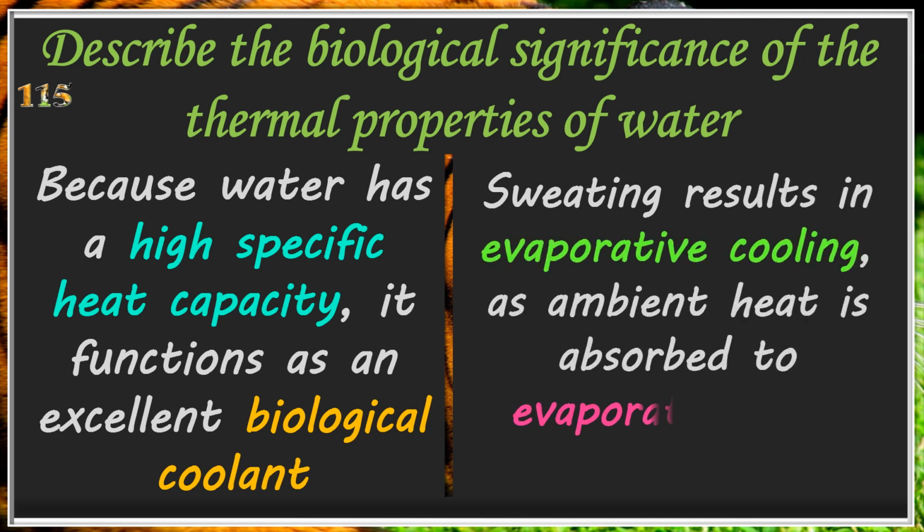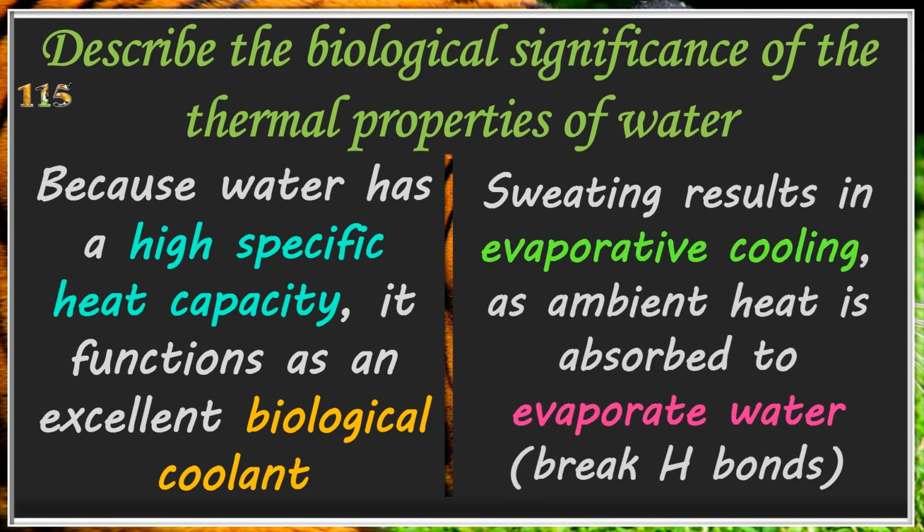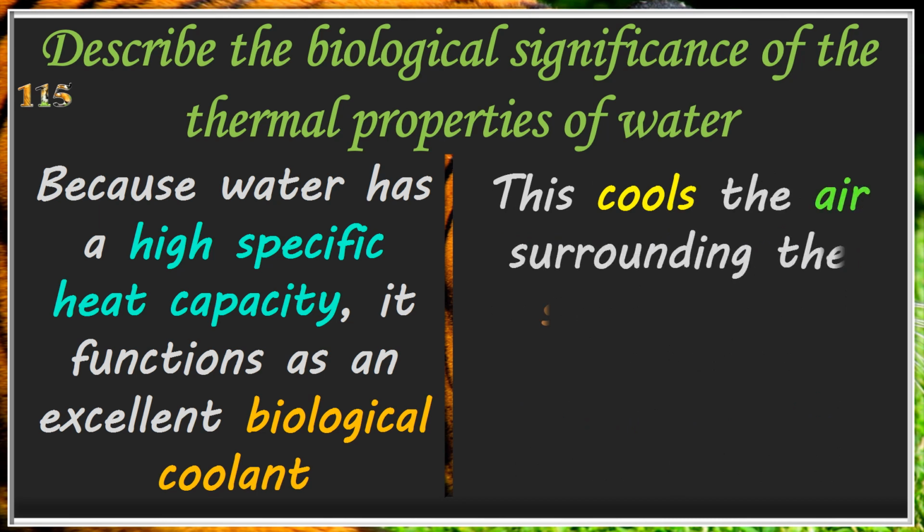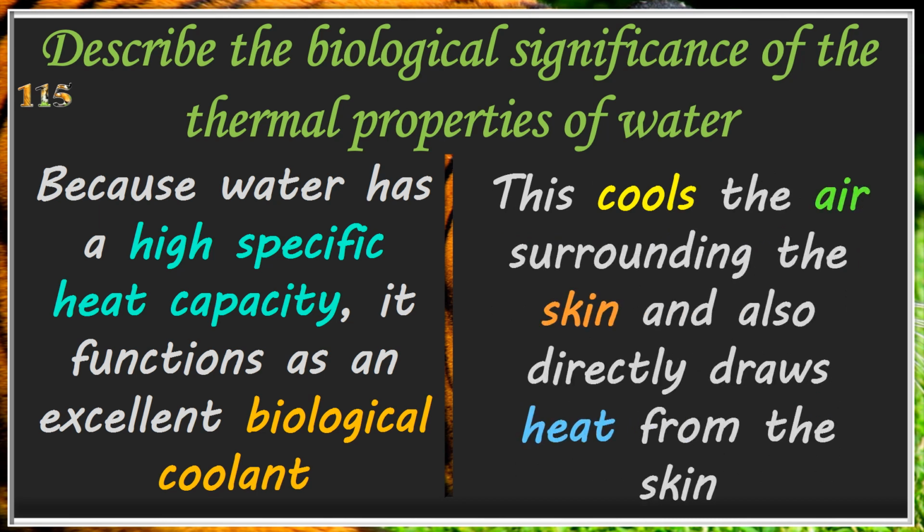Sweating results in evaporative cooling as ambient heat is absorbed to evaporate water. That is, it breaks the hydrogen bonds. This cools the air surrounding the skin and also directly draws heat from the skin.